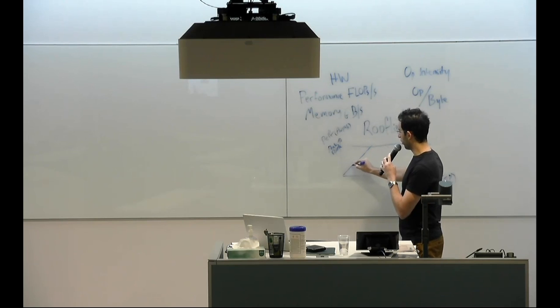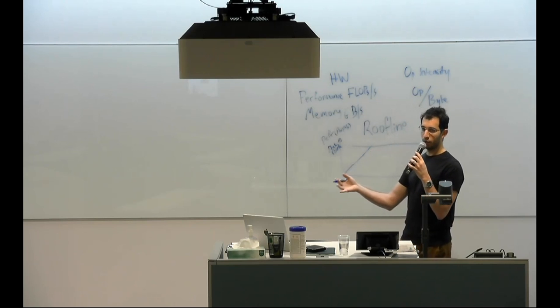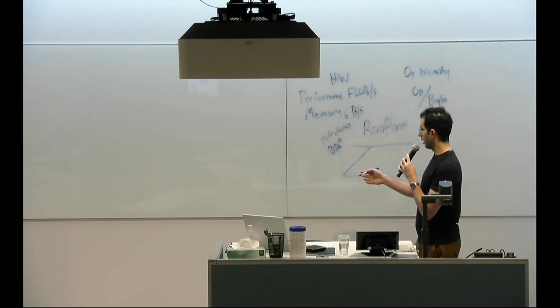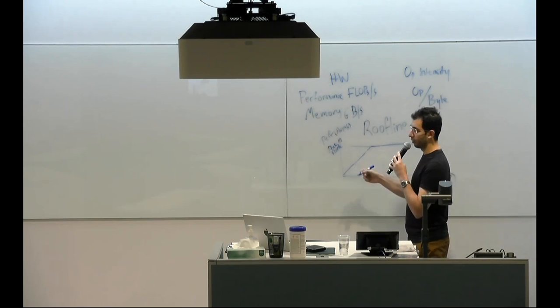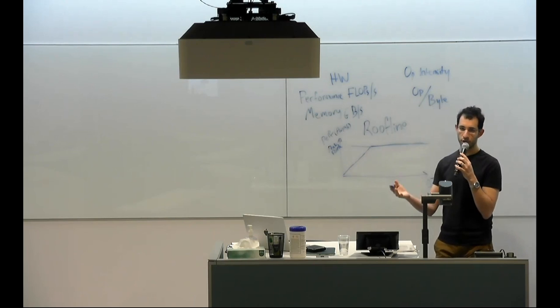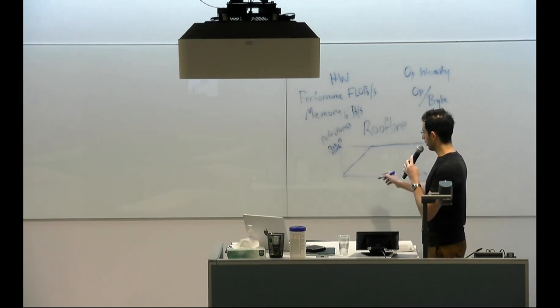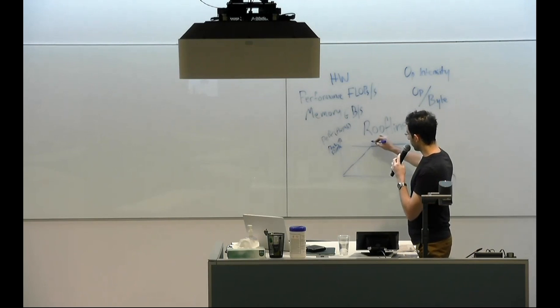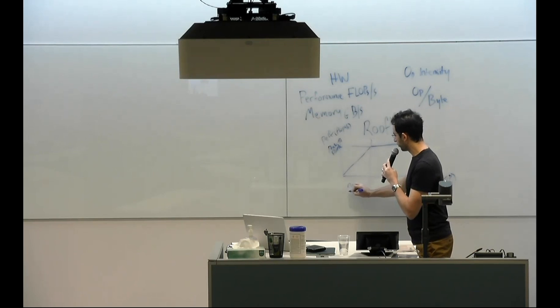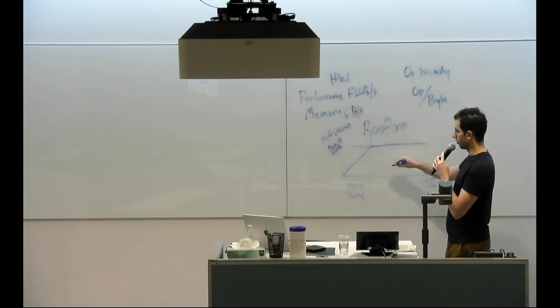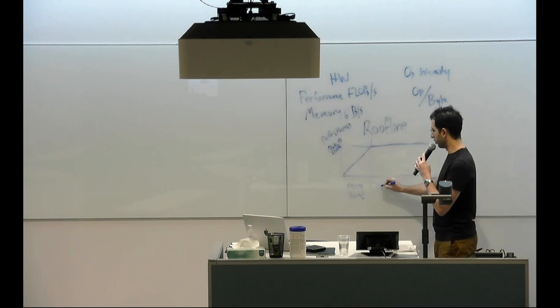So if I have a very low operational intensity, that means I need to get a lot of data from off chip, and then I would use it to compute very little. So, one operation every gigabyte, for example, in this regime. So we said that applications that fall here on this specific chip are memory bound, and applications or workloads that are here would be compute bound on this chip.